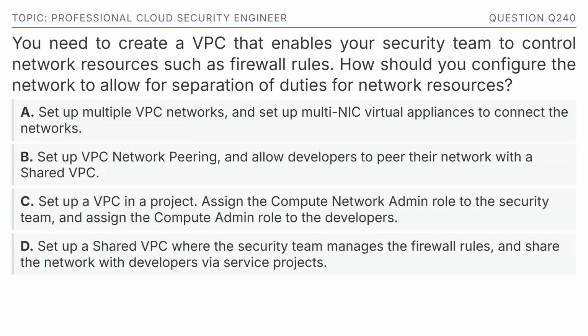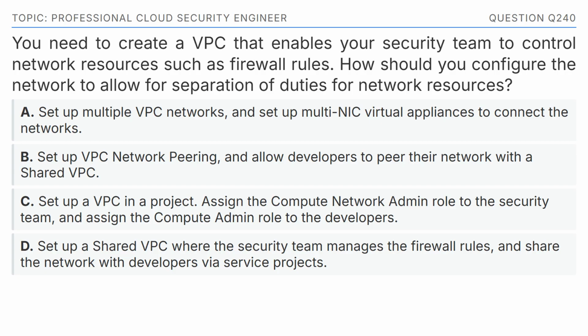You need to create a VPC that enables your security team to control network resources such as firewall rules. How should you configure the network to allow for separation of duties for network resources? The options are: Option A, set up multiple VPC networks, and set up multi-NIC virtual appliances to connect the networks.